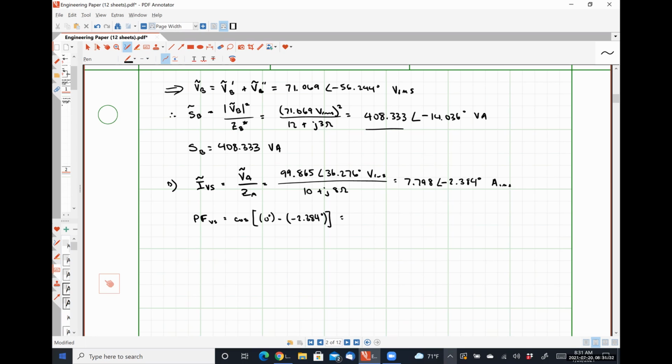So that's going to be cosine of positive 2.384 degrees, or 0.99913.